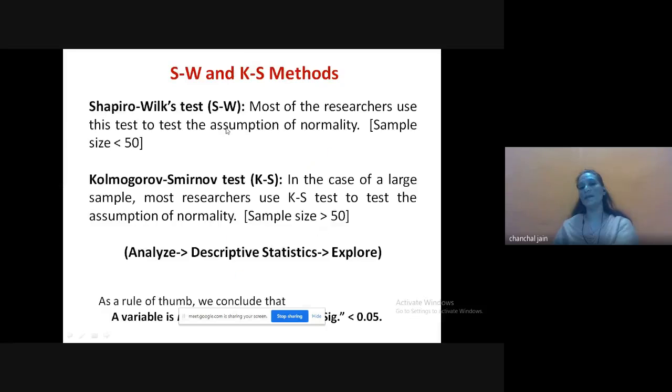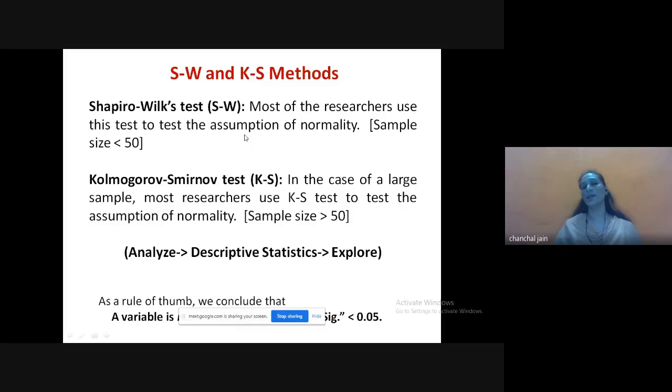Next method is the Shapiro-Wilk test method, that is the SW method. In this method, the sample size should be less than 50. Next one is the KS test. In this test, the sample size should be greater than 50. But there are different opinions of researchers.